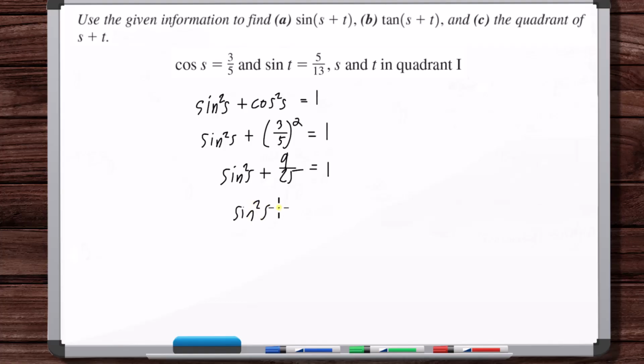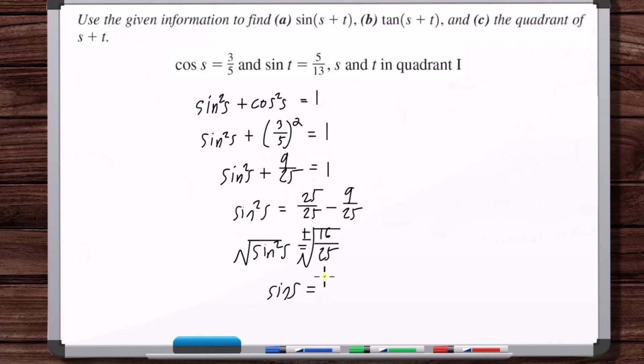So sine squared s is equal to 25 over 25 minus 9 over 25, which is 16 over 25. Now let's apply the square root property. Sine of s is equal to plus or minus 4/5. So it could be either one of these.